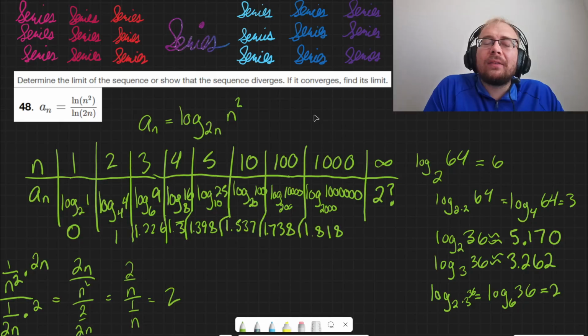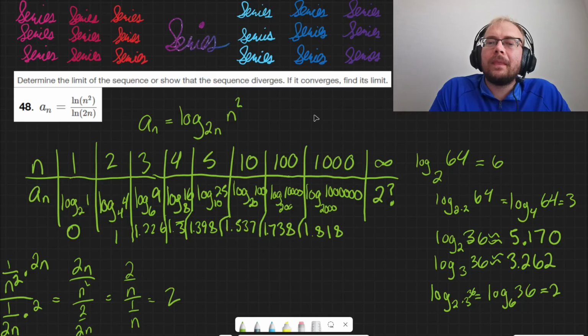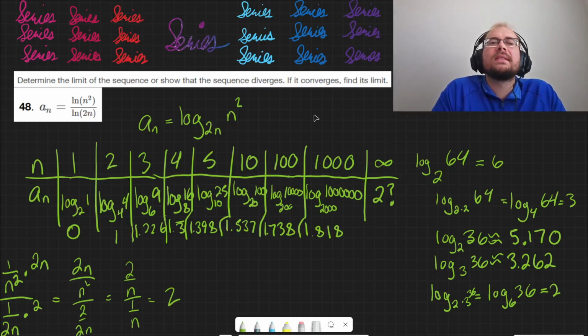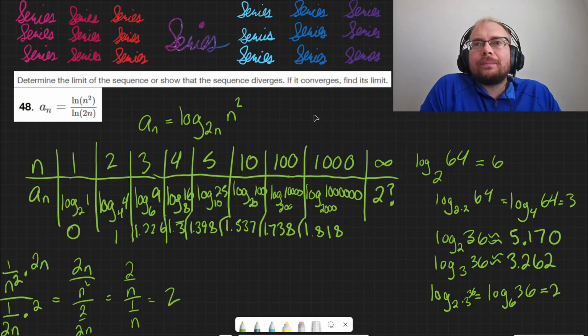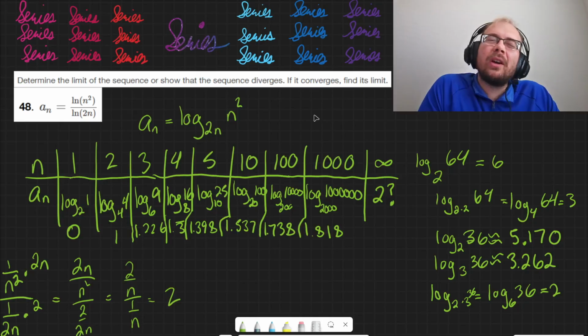But as far as the reason why, let me get into that real quick, because you might come up with a strategy and then that strategy doesn't pan out as well as you might have thought it would in the first place. Whenever we have the same base in the numerator and in the denominator, you might think you want to try to condense. That was kind of my first reaction, and then I was like, oh, no, you can't condense unless it's a log plus or minus another log.